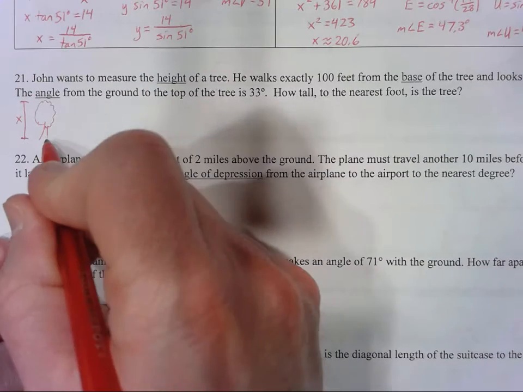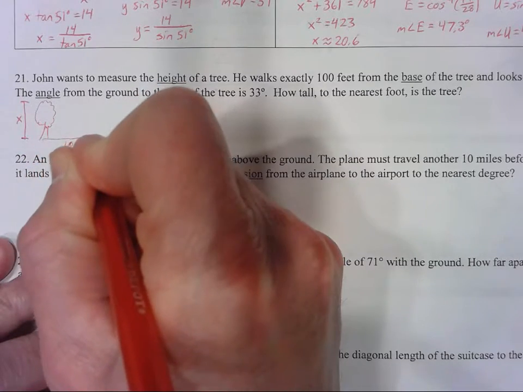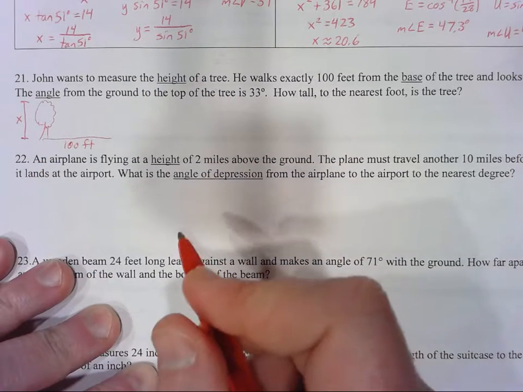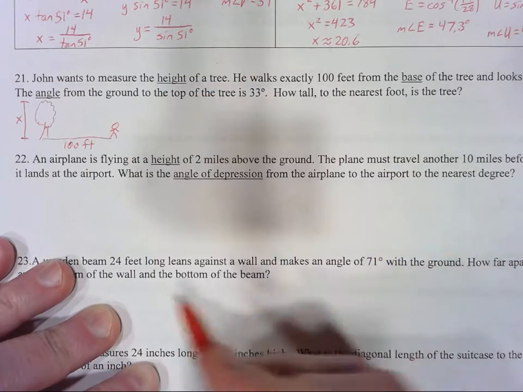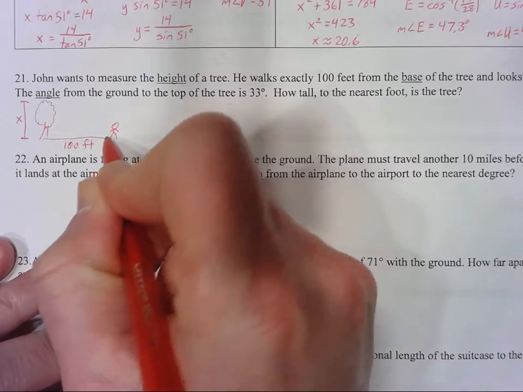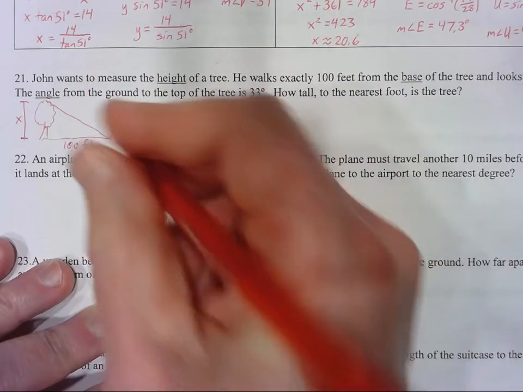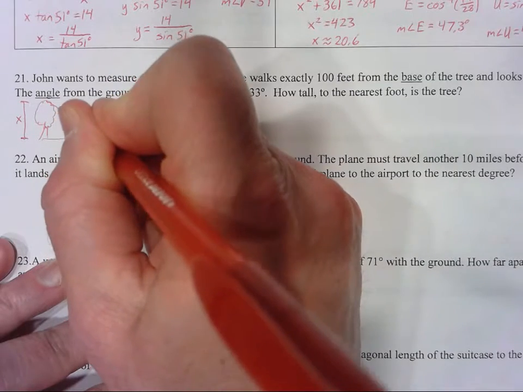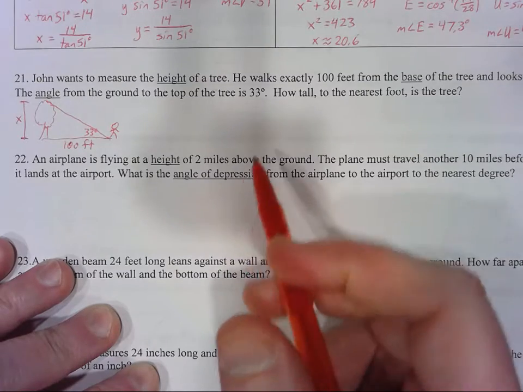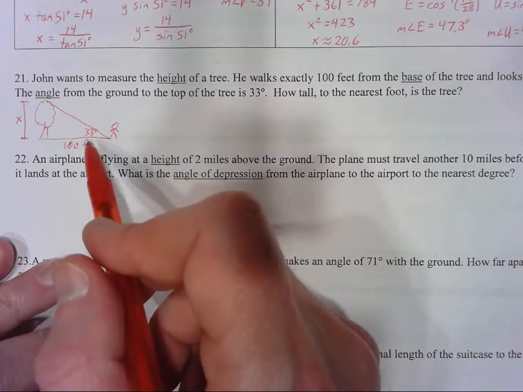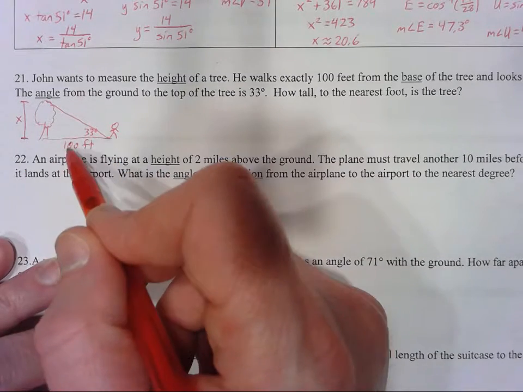He walks exactly 100 feet from the base of the tree and then looks up. The angle from the ground to the top of the tree is 33 degrees. So how tall to the nearest foot is the tree? Well, the x is the opposite side, the 100 is the adjacent side.